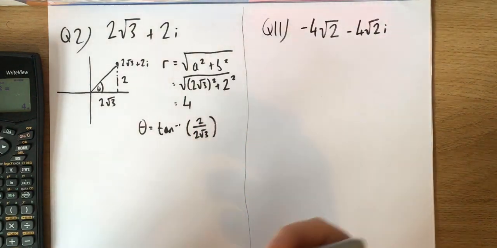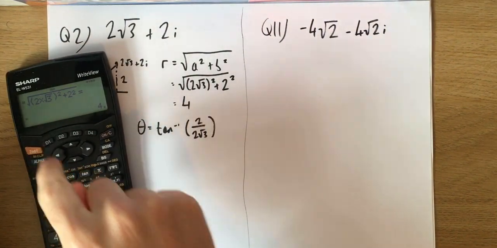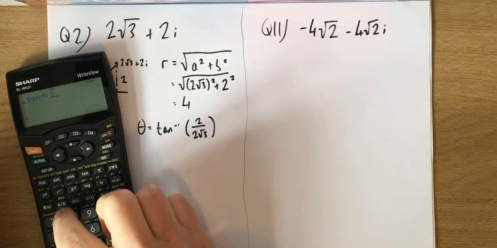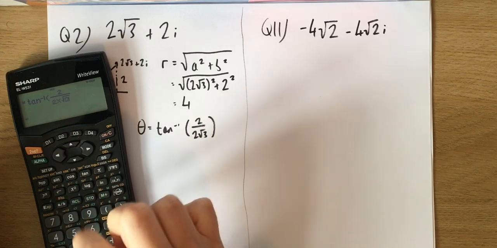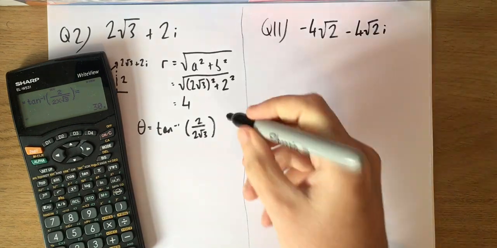That's 1 over root 3 as well, but you don't need to notice that to get this right. So second function, tan inverse of 2 over 2 times root 3, that is equal to 30 degrees.